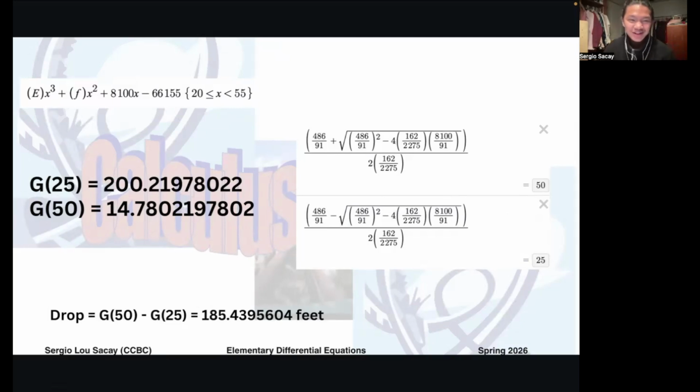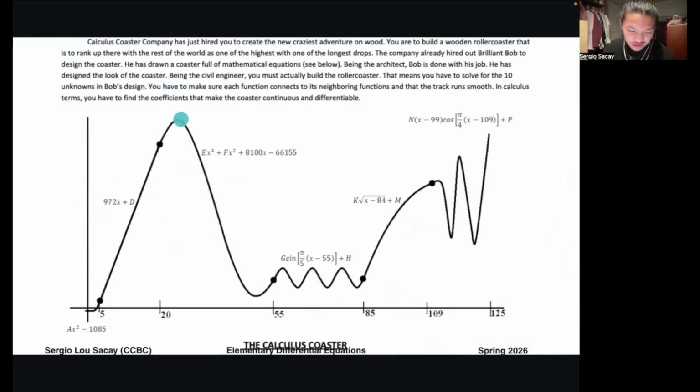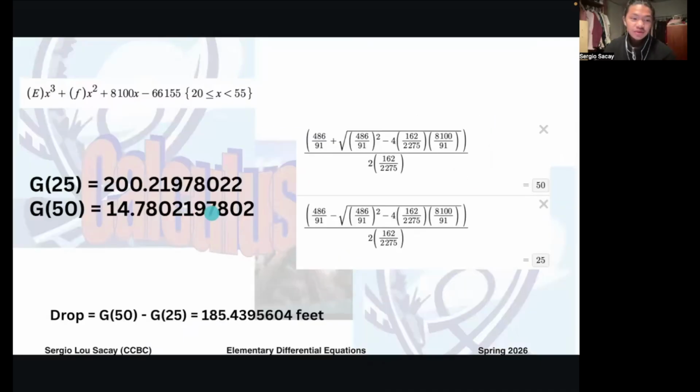So the maximum height of the roller coaster is actually based off the cubic function here. And I think we can see it in here. Yep, the maximum height is right there, following this cubic equation. So we can use that information to find the maximum and minimum height.